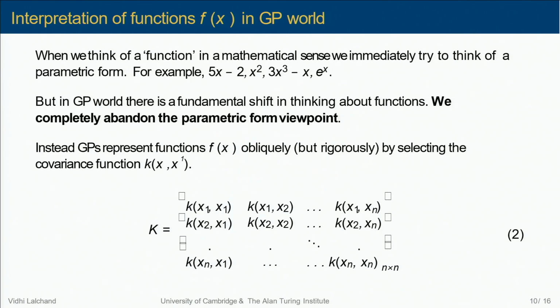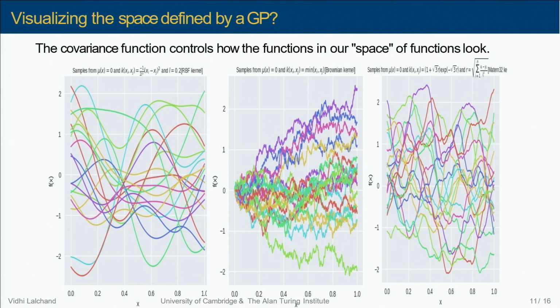These are some examples of samples drawn from a Gaussian process for different types of covariance functions. This one is the RBF covariance function, which gives you functions that are really smooth and have some periodicity.